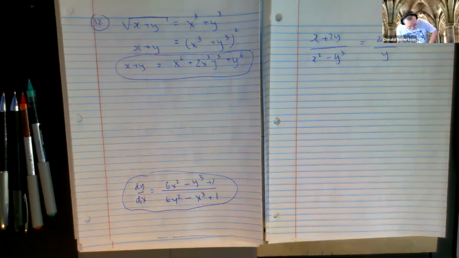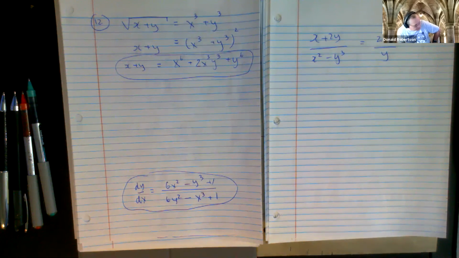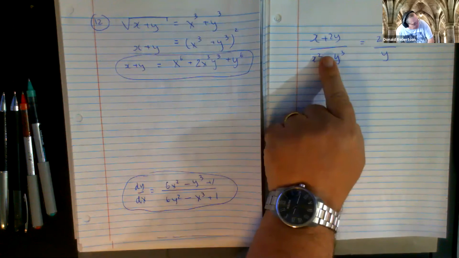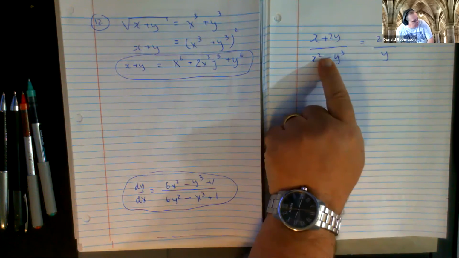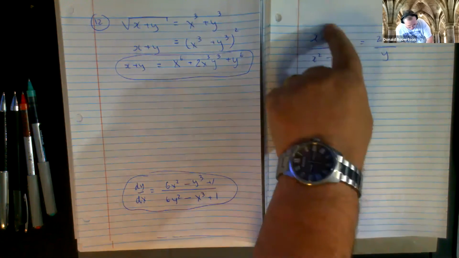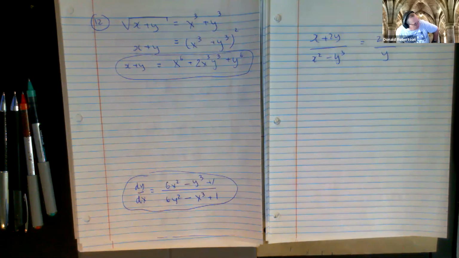If I had to do this using implicit differentiation, if I left it the way it is right now, wouldn't that be a quotient rule? Wouldn't this be a quotient rule? Wouldn't that be another quotient rule? Can you just imagine how ugly algebraically that process would be?